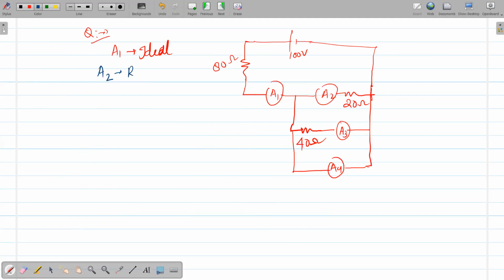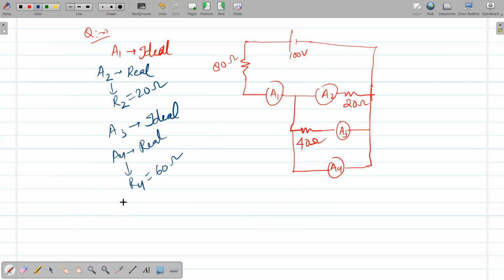A2 is real, so it must be having some resistance. Let me tell you the resistance of A2 as 20 ohm. A3 is ideal, and A4 is also real, and it is having resistance as 60 ohm, let's say.